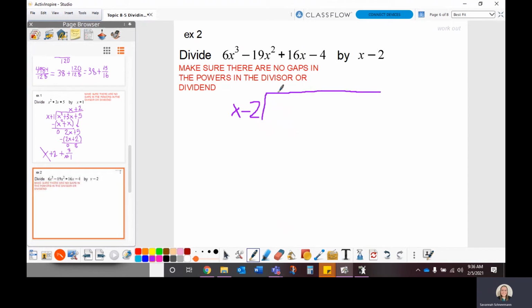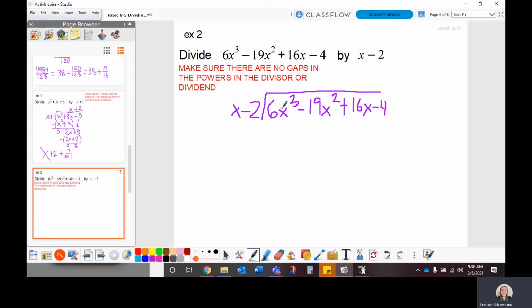And then underneath we have 6x cubed minus 19x squared plus 16x minus 4. So again, we're going to focus on the first term here.